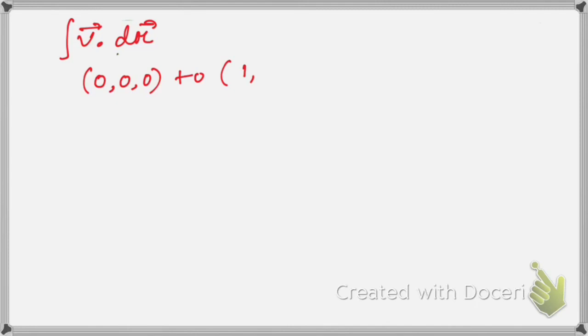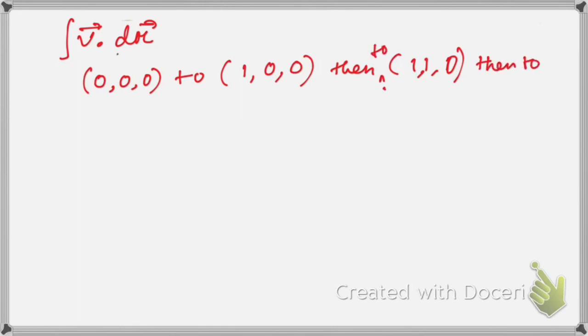So we have now evaluated the integral of vector V dot dr along the straight line from the point (0,0,0) to (1,0,0), then to (1,1,0), then to (1,1,1).